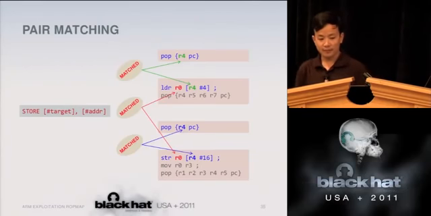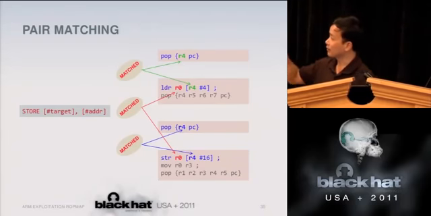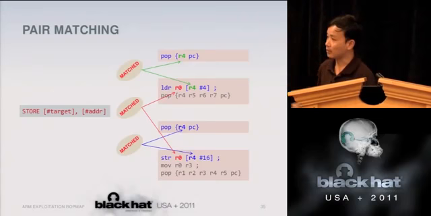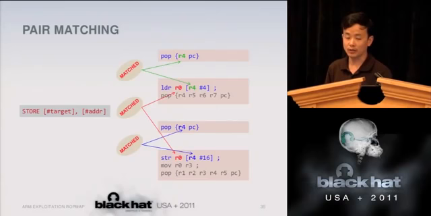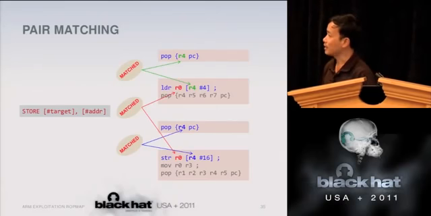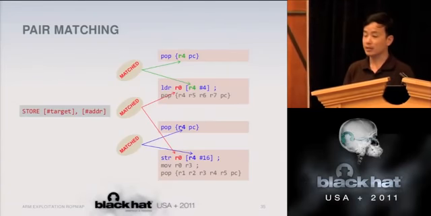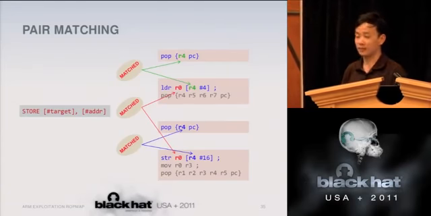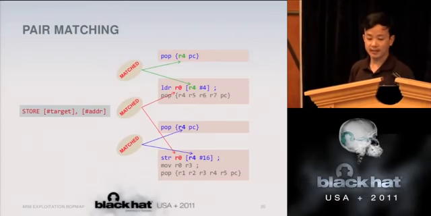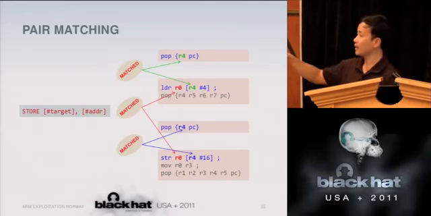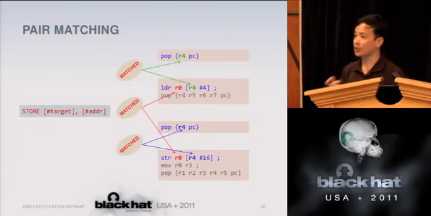Then we move up. We know that we have to load the value to R0, so it can be used in the last store instruction. In our candidate list, we find LDR R0 from R4 plus 4, so we have a pair match here: the R0 of the second instruction with the fourth instruction.